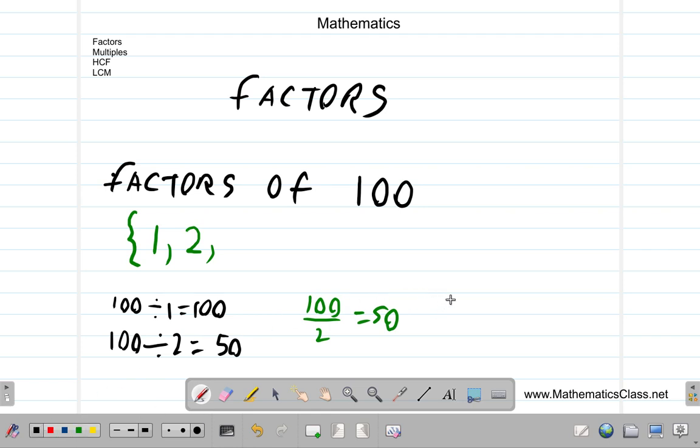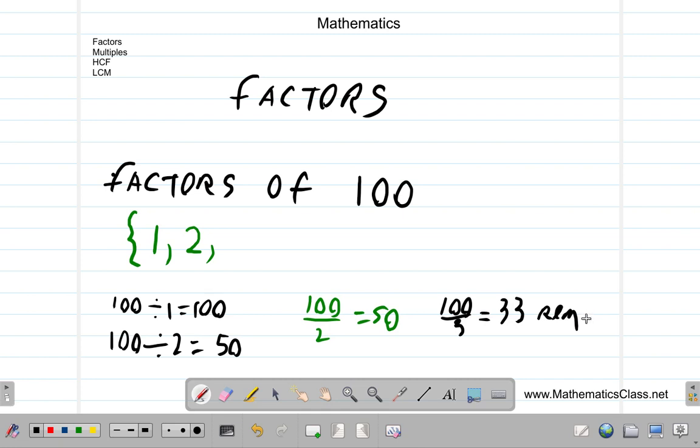Now, let's try 3. 100 divided by 3 is what? Oh no, 33. If you multiply 33 by 3, you get 99.